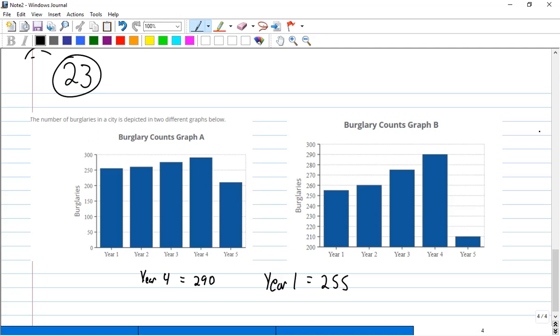So if we want to know how many times more burglaries were there in year 4 compared to year 1, then we would take the bigger number. Let me bring up our calculator.